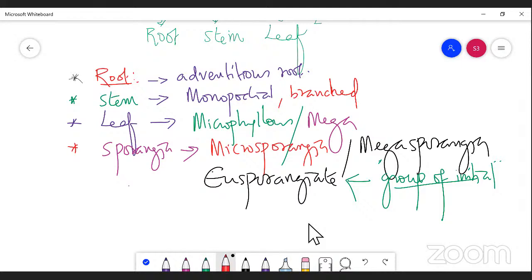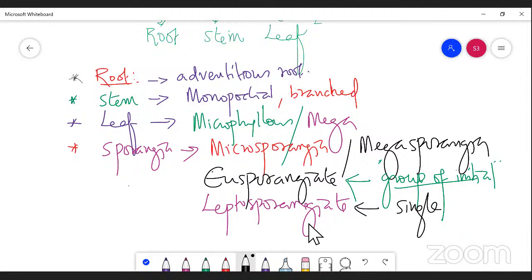Whereas leptosporangiate is a type in which the sporangium arises from a single initial. My dear student, it is easy to understand: a single initial gives rise to a sporangium, that is called leptosporangium or leptosporangiate.